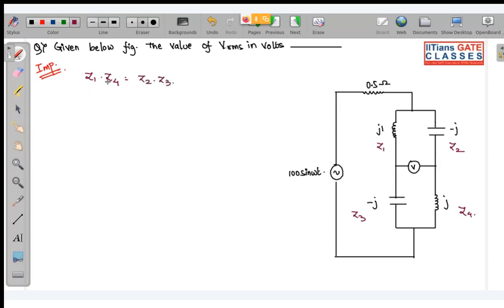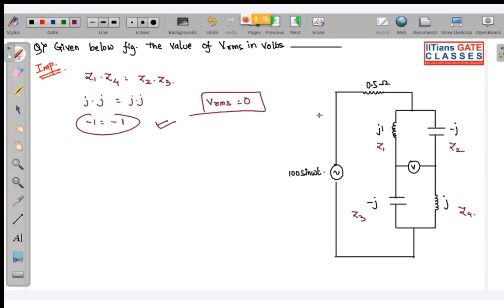We take it like this. So if we take this, it is j into j equal to j into j. Minus into minus will be plus. So you can see this will be minus 1 equal to minus 1. The bridge is balanced. So whenever the bridge is balanced, VRMS is going to be 0.